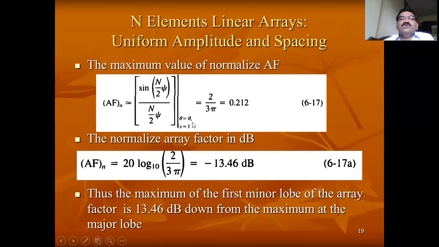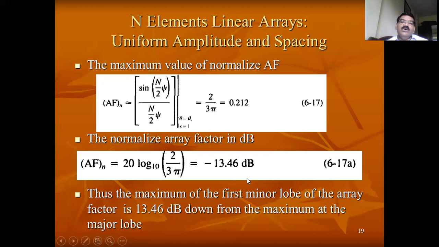If we put this value, we get 2 by 3 pi, so the maximum array factor is 0.212. If you normalize the array factor in dB, it is 20 log to the base 10 of 2 by 3 pi, so it comes to minus 13.46 dB.